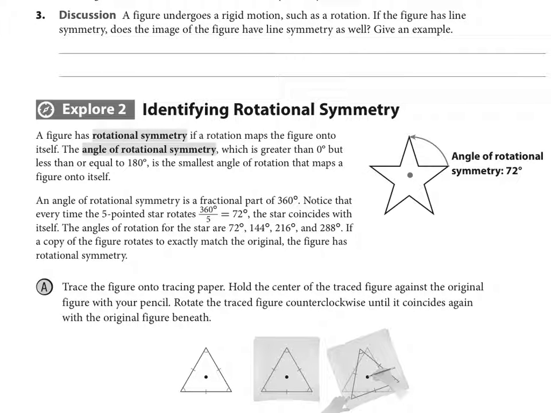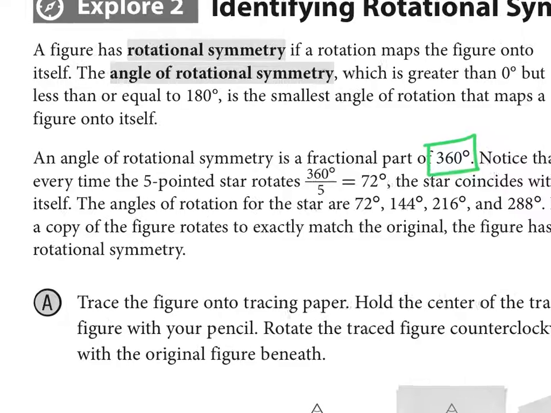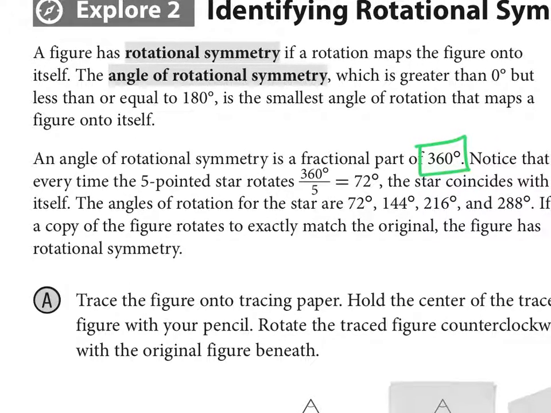For rotational symmetry, we want to make a note here. Notice that it's a fractional part of 360, because we're dividing; a full rotation would be 360 degrees. They say a star has a rotational symmetry of 72 degrees. If we zoom in on their work, the reason is that a star has 5 points, and if we divide 360 by that, we get 72 degrees.